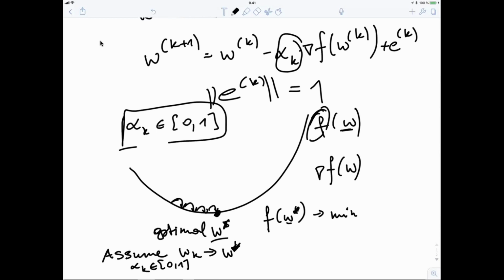So what does that mean for the gradient? How does the gradient behave? What can we say about the sequence of gradients? For each iterate, we compute the gradient, so we get a sequence of these gradients.